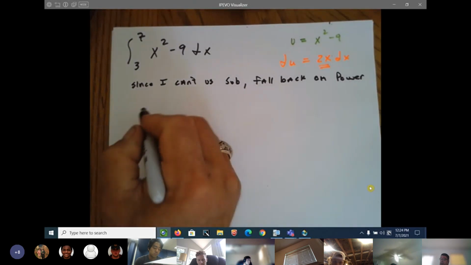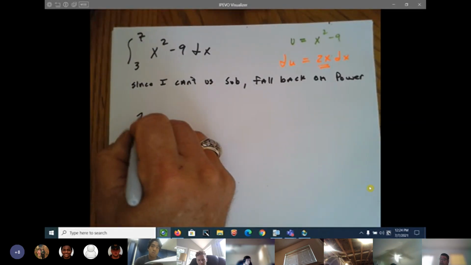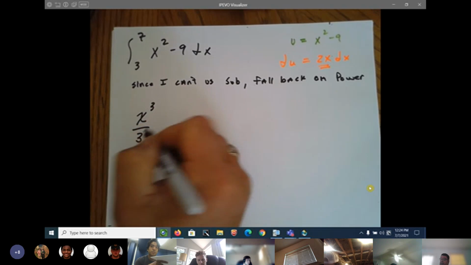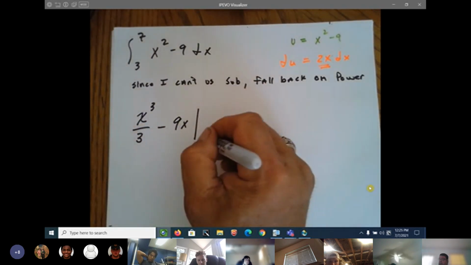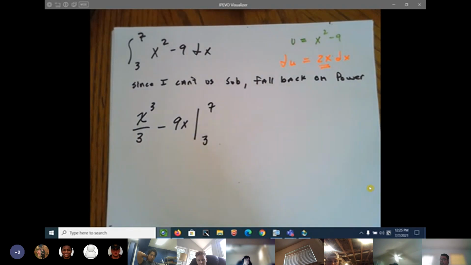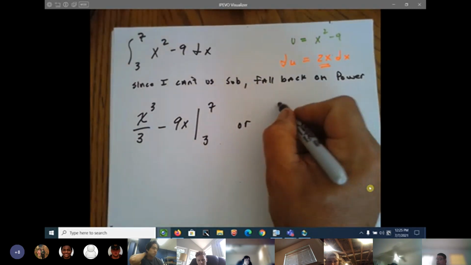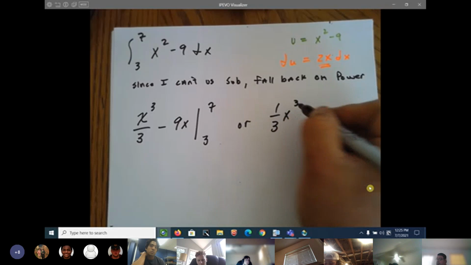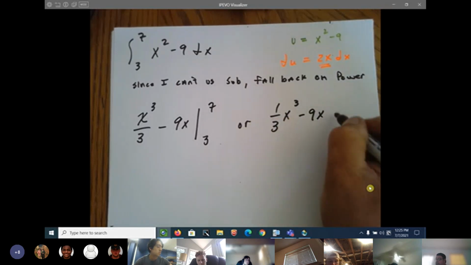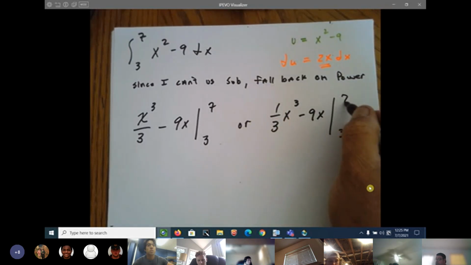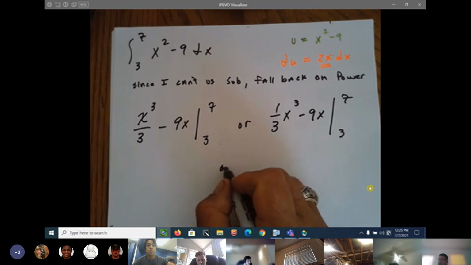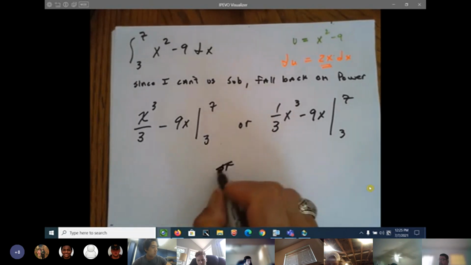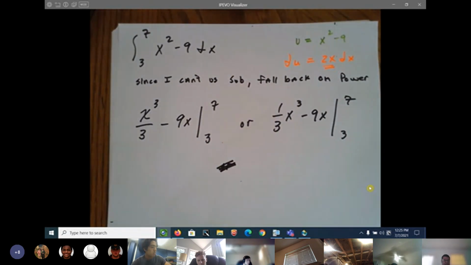So this is going to be x to the third over 3 minus 9x evaluated at 3 and 7, or 1/3 x cubed minus 9x evaluated at 3 and 7. And I'm going to write down one more, or, yeah, that's good. We don't want to do anything else.